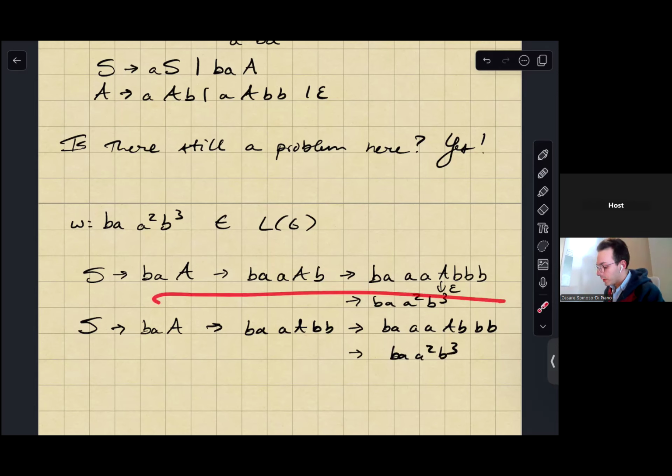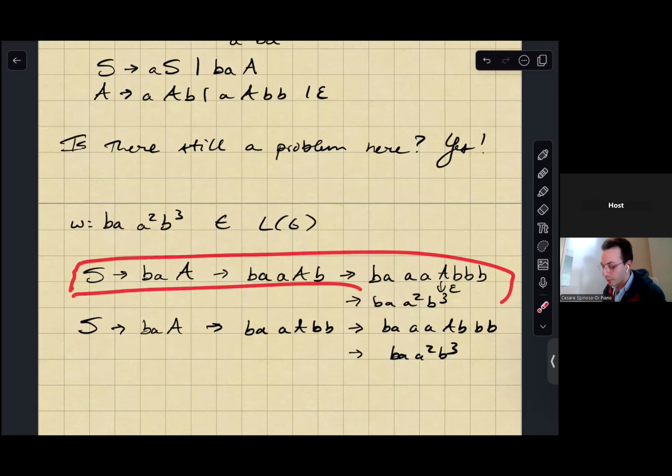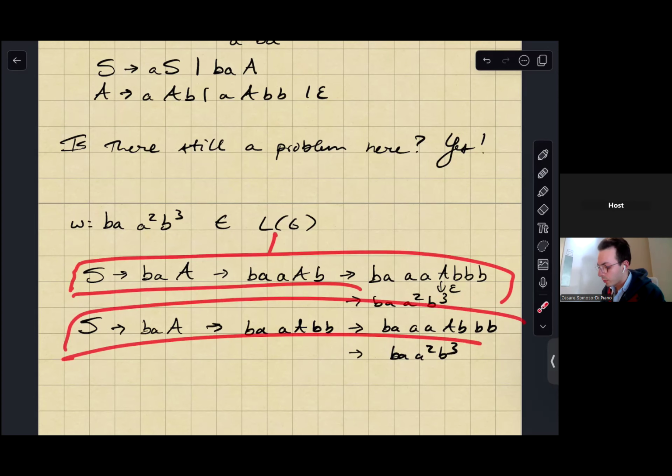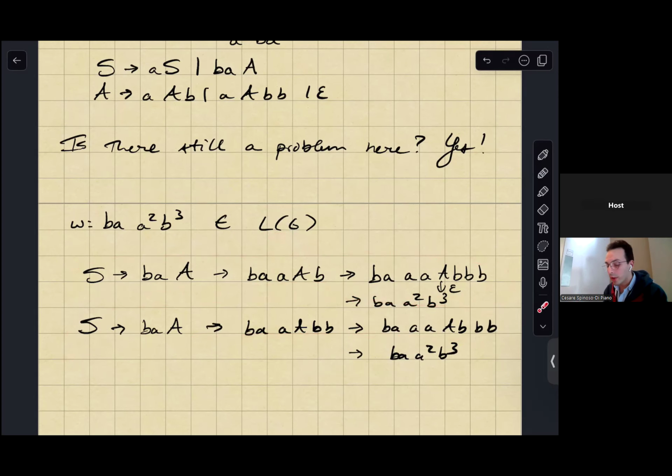So both of these you can think of as rightmost derivations, or you can also think of them as leftmost derivations. In this case, the rightmost and leftmost derivations are the same because there's only one variable at any given moment, so it doesn't matter which you call it.